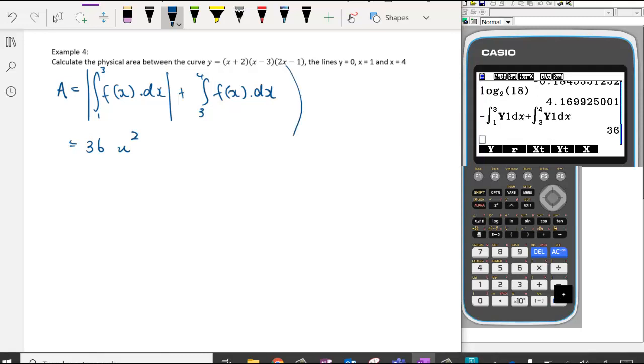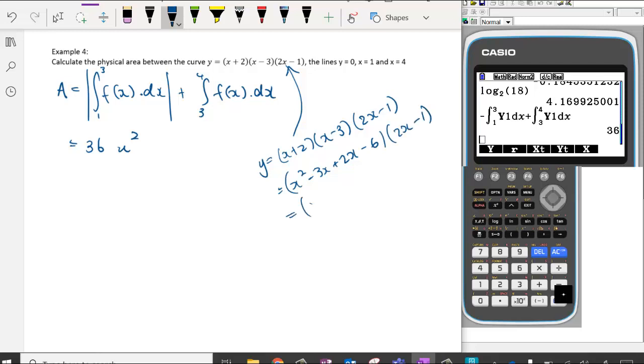Alright, so just a note, if we were doing this by hand before we integrated, we'd want to expand this out. So you'd want to be able to say that y is equal to x plus 2, x take 3, 2x take 1. We'd expand the first two brackets and we'd have our x squared take 3x plus 2x take 6, multiplied by 2x take 1, which would be x squared take x take 6 multiplied by 2x take 1.